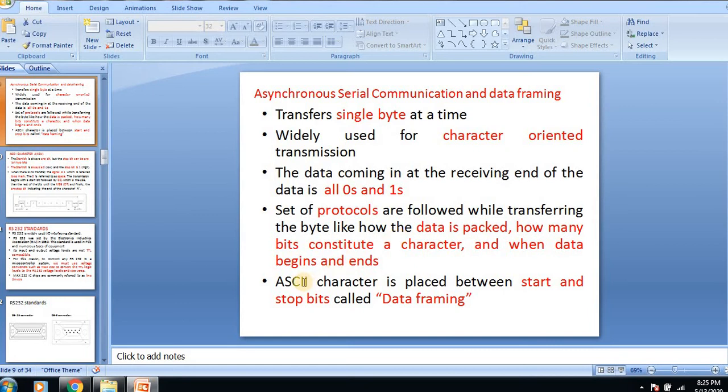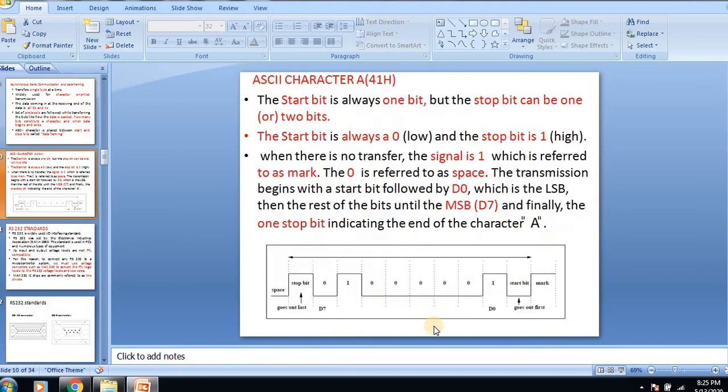As we know now, it is best suited for character oriented transmission. So we need to see the ASCII character, which is usually placed between the start and stop bits, and that is called data framing.